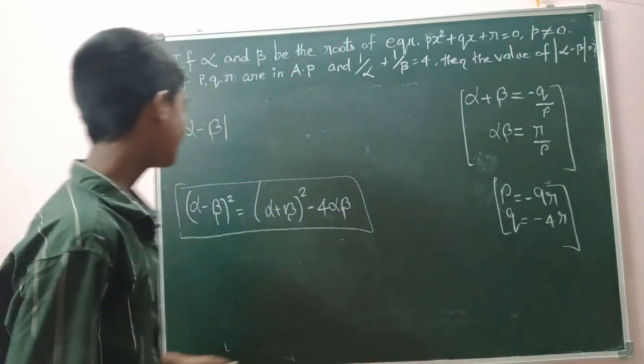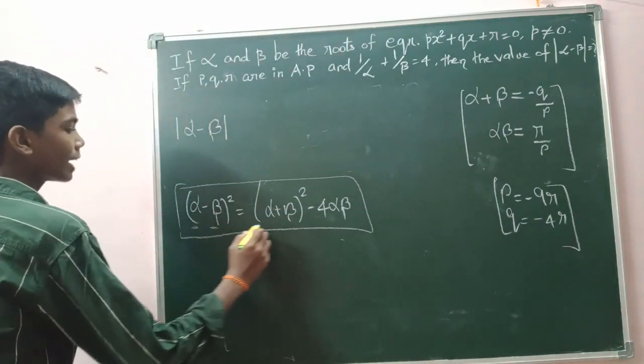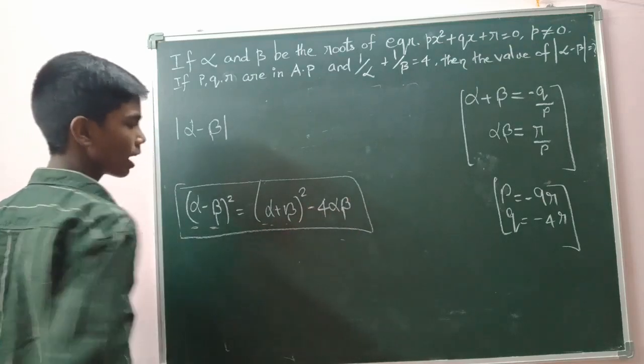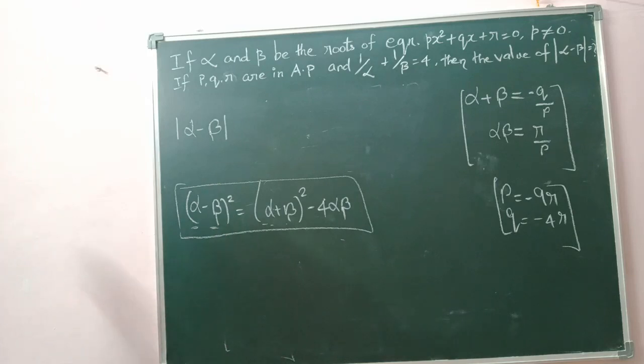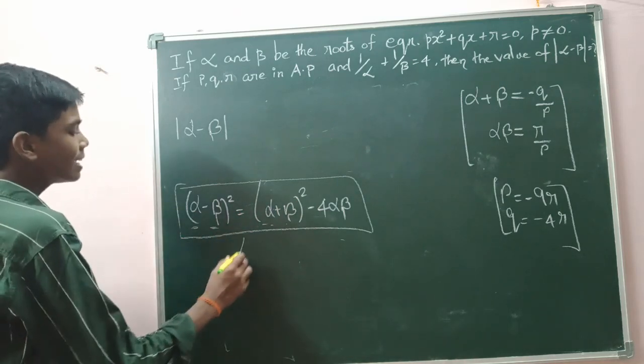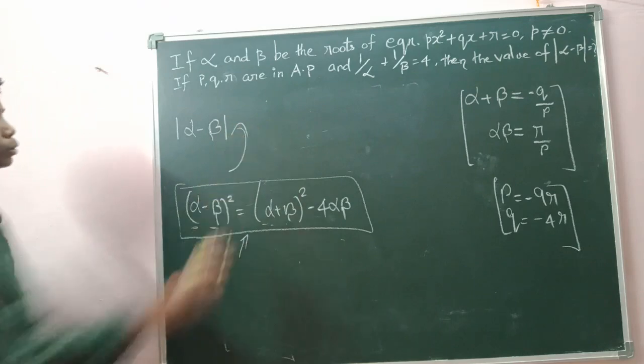So basically, alpha minus beta whole square can be written as alpha plus beta whole square minus 4 alpha beta, because alpha plus beta whole square is alpha square plus beta square plus 2 alpha beta, minus 4 alpha beta, which gives minus 2 alpha beta. Just basic conversion, people. This is a basic identity, and this is something I'm gonna use here also.